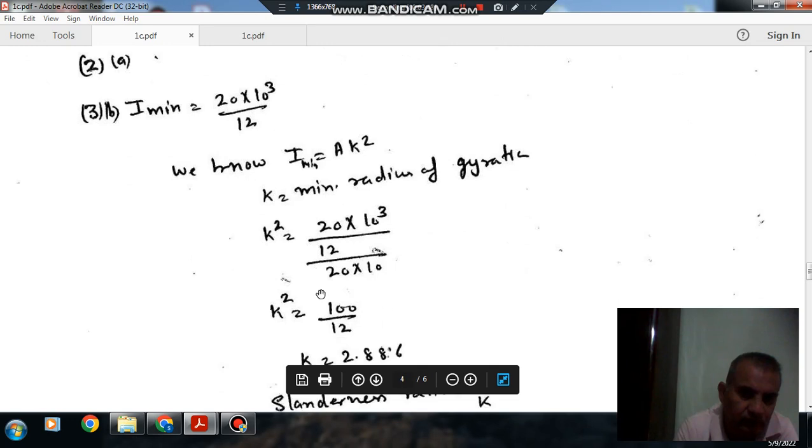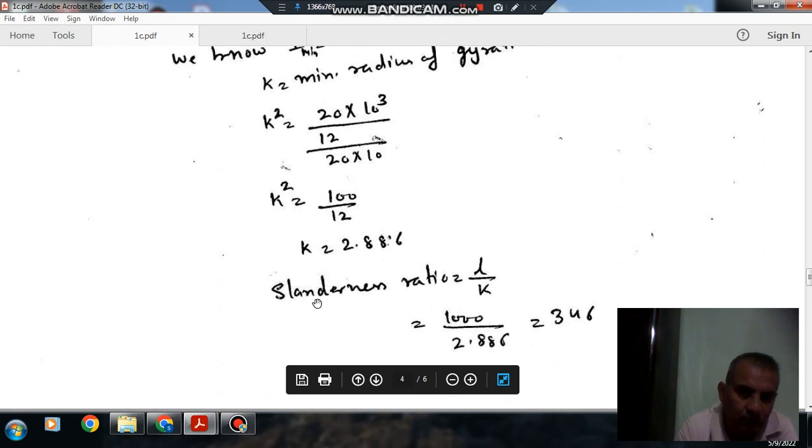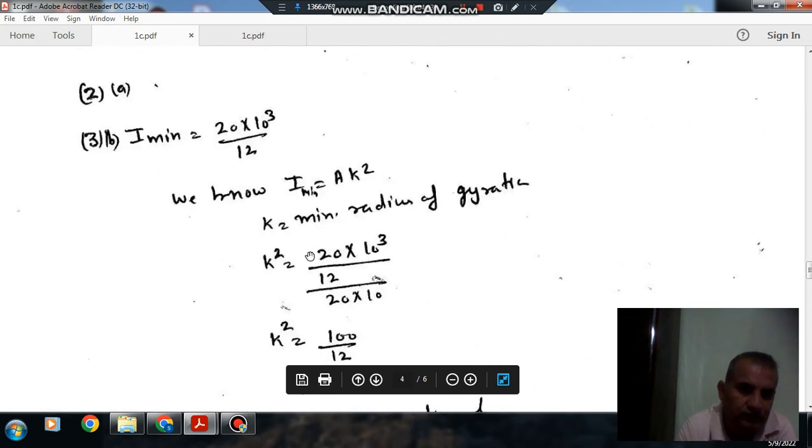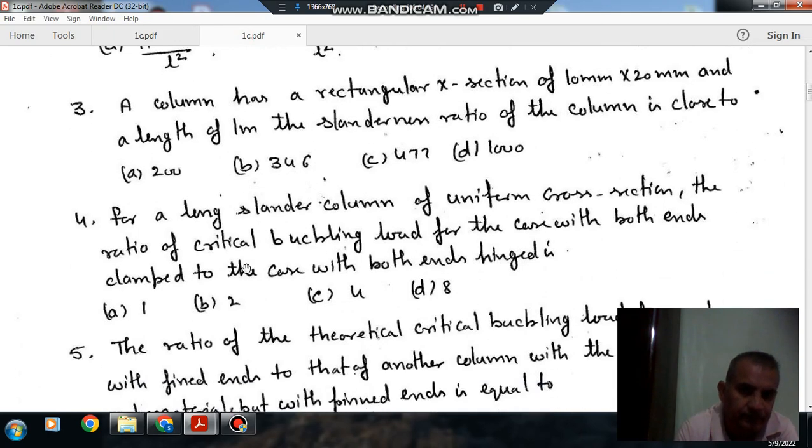So k square will be 100 by 12, or k is equal to 2.886. Slenderness ratio is L by k, and the length is 1000 divided by 2.886, that is 346. So the slenderness ratio is 346. Option B is the right answer.